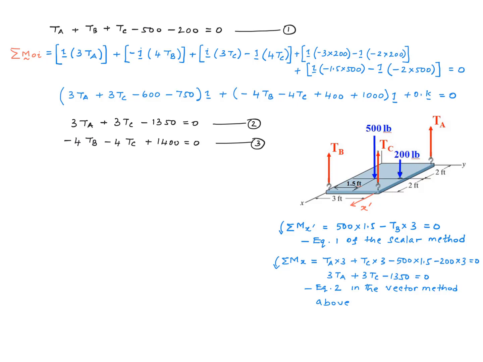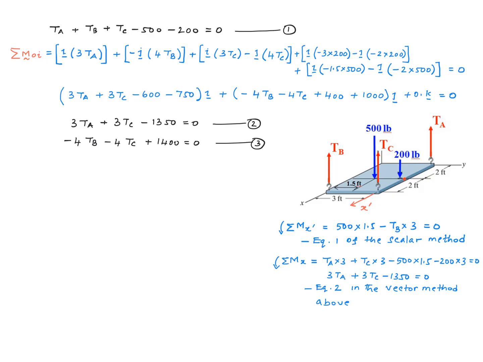TA has a perpendicular distance of 3 feet and TC has a perpendicular distance of 3 feet. Both of these give us a counterclockwise moment, so they go in as positive terms. And then this 500 pounds has a perpendicular distance of 1.5 feet, right? And this gives us a clockwise moment. So the moment term has a negative sign in front of that.